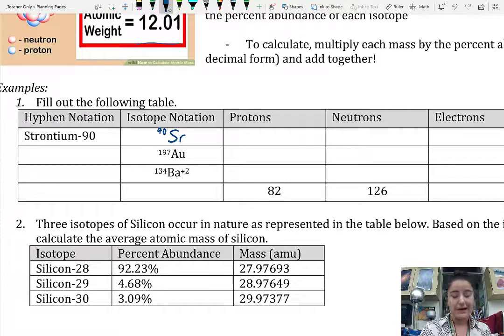If we want to put the number on the bottom, often it is left off, so it's not incorrect to leave anything blank there. But it is atomic number 38. Okay, if it doesn't say anything about charge, assume it's neutral. So it has 38 protons and 38 electrons. And then to get the neutrons, it would be 90 minus 38, which is 42.